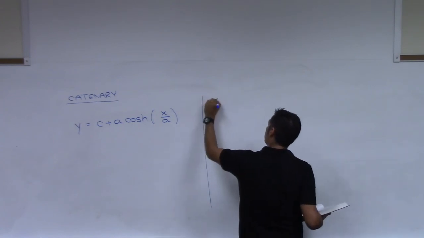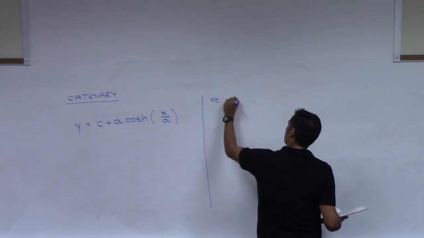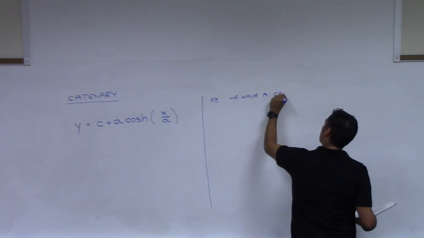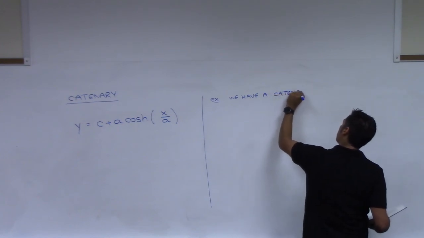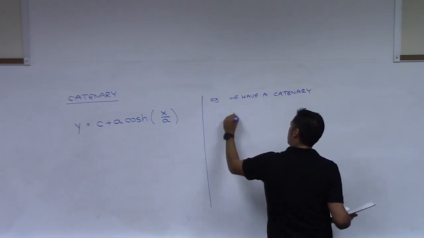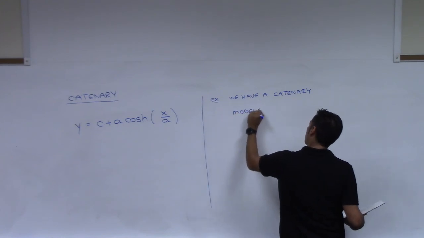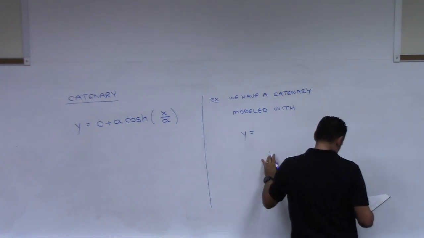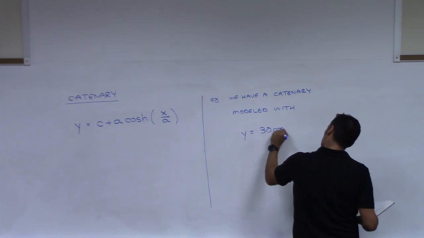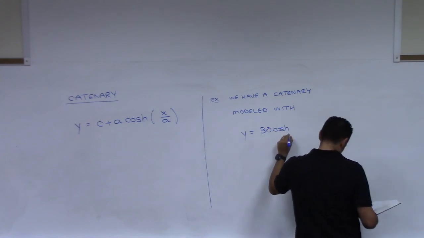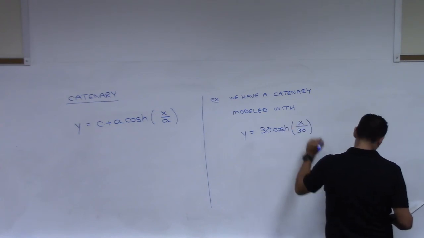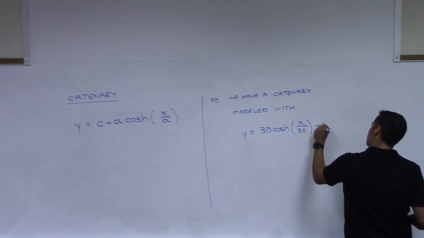So here's an example. We have a catenary modeled with y equals 30 cosine hyperbolic of x over 30 minus 12.